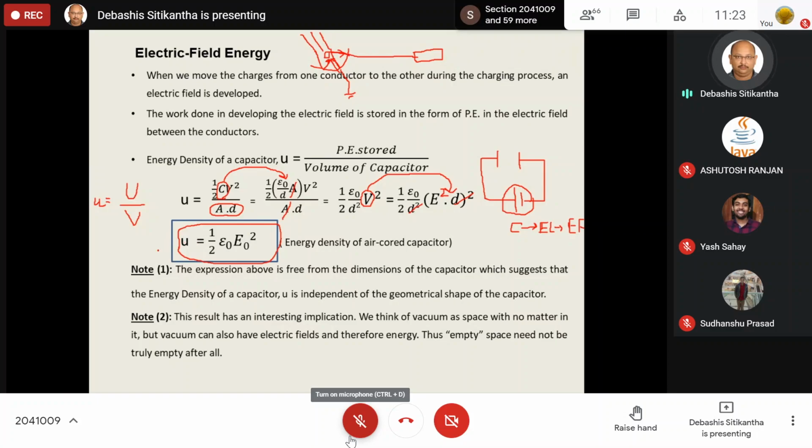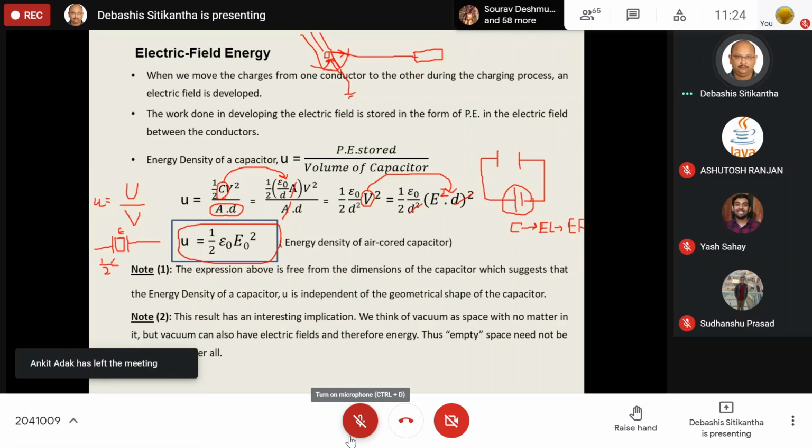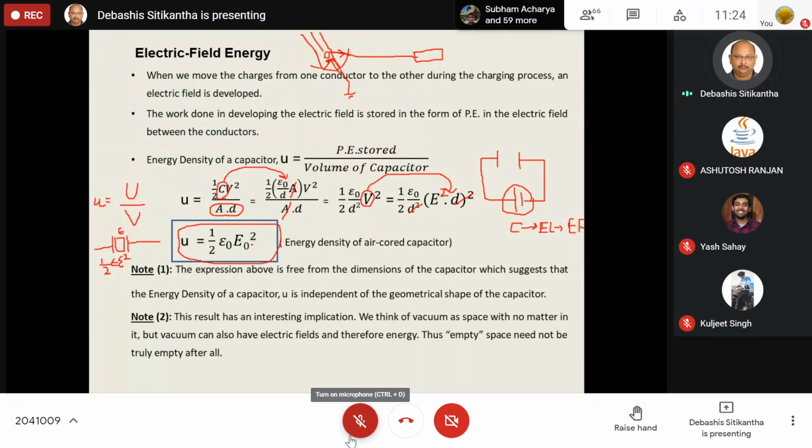If I find the energy density for a capacitor with some dielectric of permittivity epsilon, the expression is modified and can be written as half epsilon E square. I have written epsilon 0 and E0 square to indicate that I am talking about an air core capacitor, that means the dielectric material here is air or vacuum.